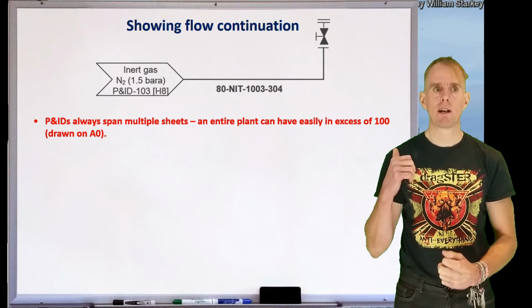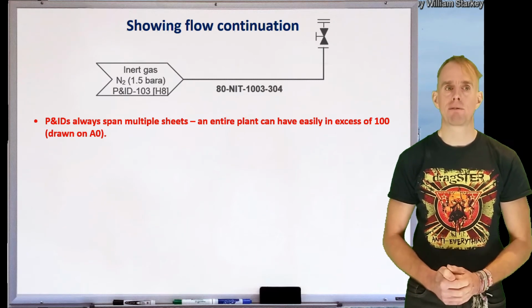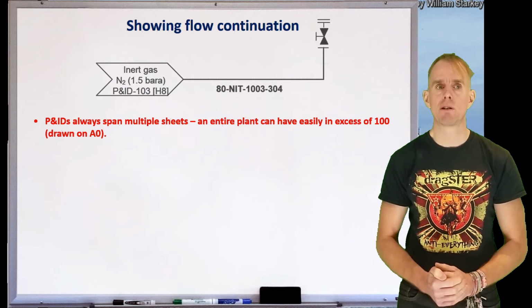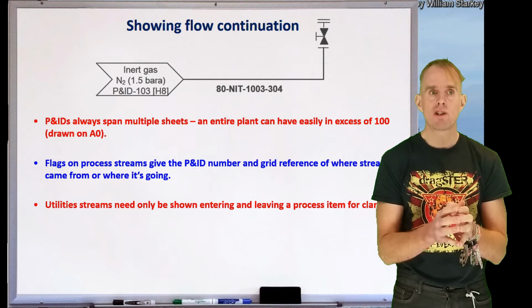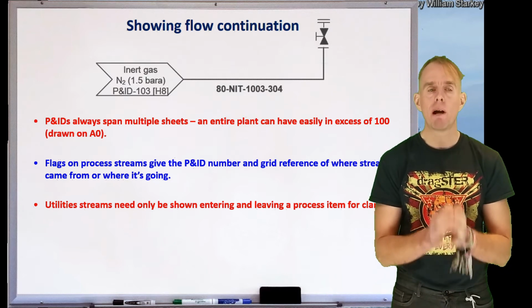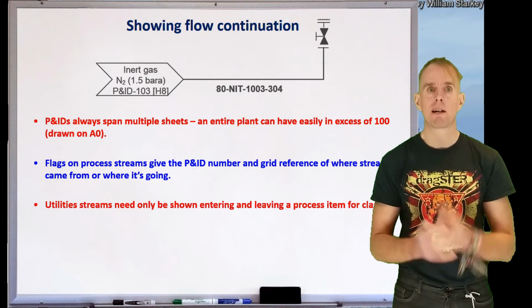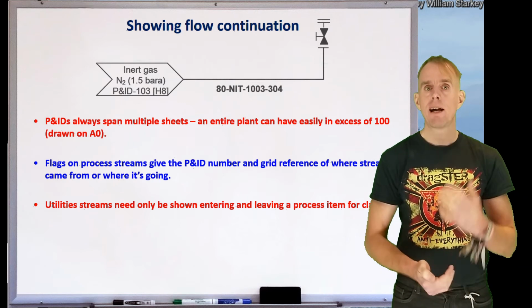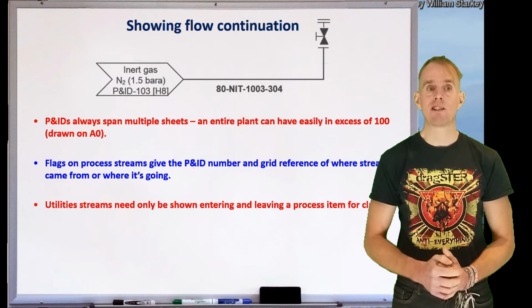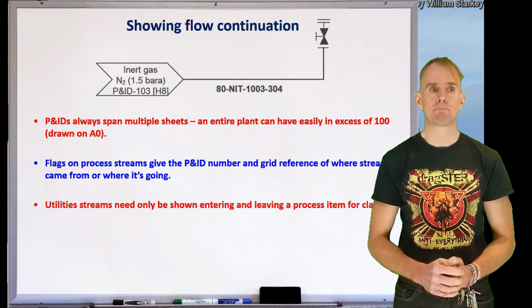And so you'll note that what we have here is a grid referencing system. The last piece of information on this flag is H8. And so this gives the location and the P&ID number where we can find where this stream came from. So this stream originated on P&ID number 103, and it was in cell H8 on that P&ID.